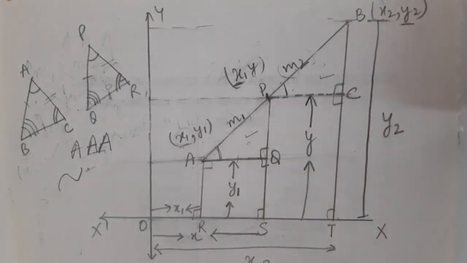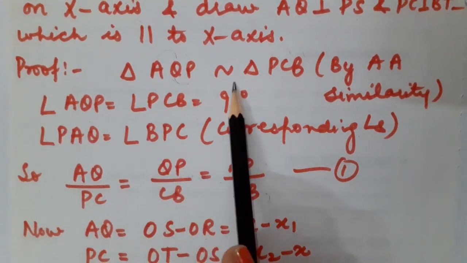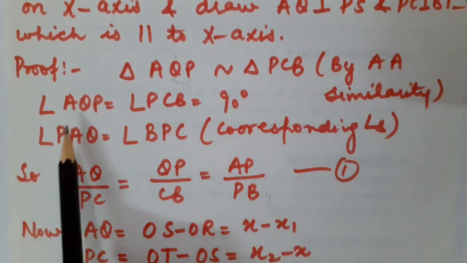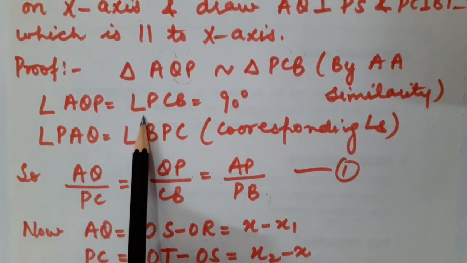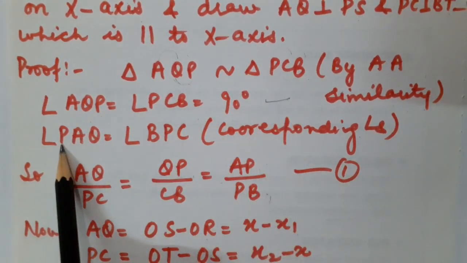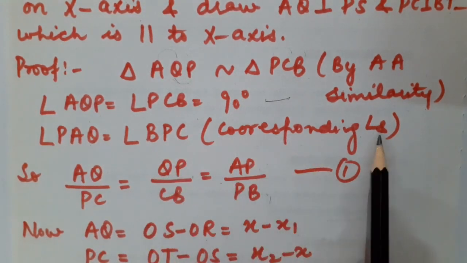Fine, students? So here I have done triangle AQP is similar to triangle PCB by the double A similarity criteria. Why? Because angle AQP is equal to angle PCB, both are of 90 degrees, and angle PAQ is equal to angle BPC, they both are corresponding.